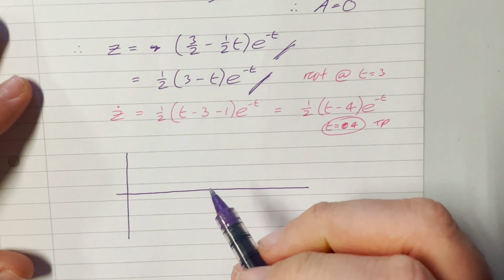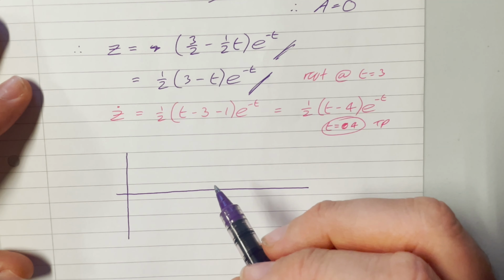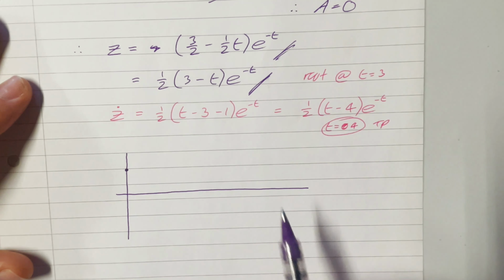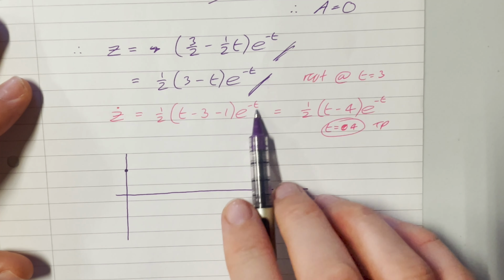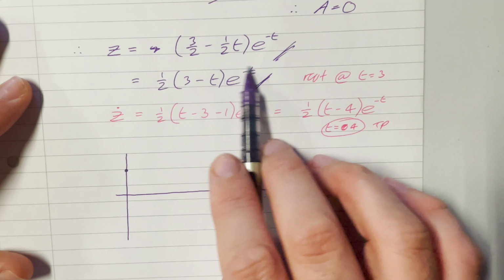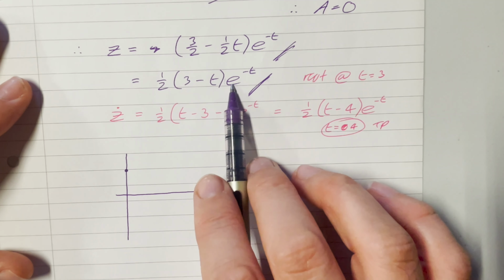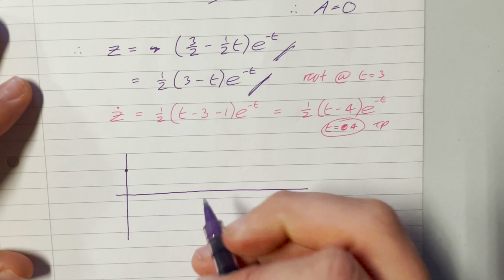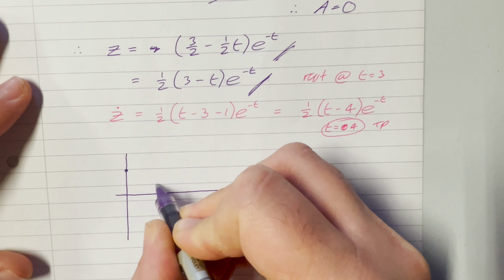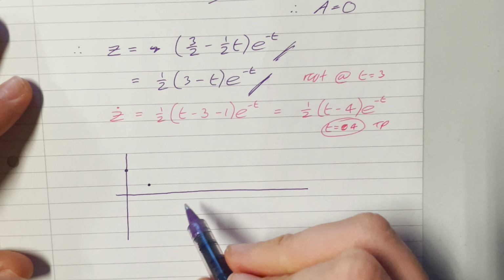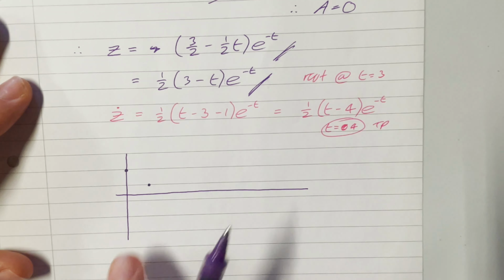Okay, so it goes through 0, 3/2, up there. As t tends to negative infinity, this is going to shoot off to positive infinity. Because the exponential is going to dominate, and that's going to blow up as t gets really negative. So it's coming down from something really big. We know it goes through kind of 1 over e there. We know it's got a root at 3.